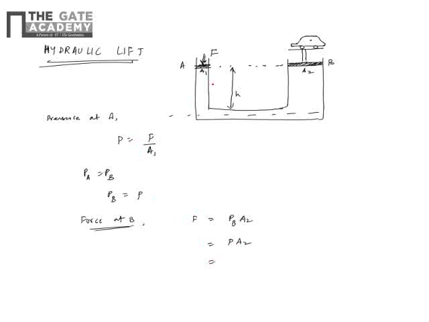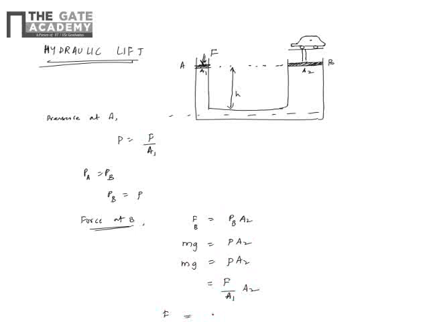So the force at B is FB, and that is exactly equal to the weight of the car in order to balance it, so mg is PA2. PA2 we can get from A, which is F by A1 into A2.